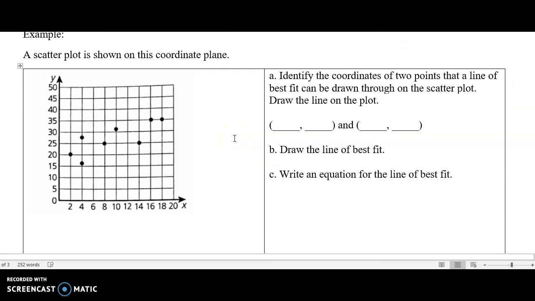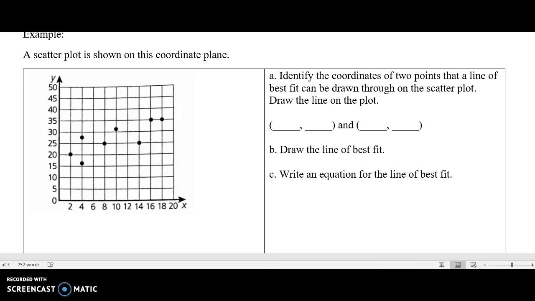Last example here. Identify the coordinates of 2 points that a line of best fit can be drawn through on the scatter plot. Okay, so where would you draw these lines of best fit? Okay, it's not necessarily wrong how you would put it, as long as you have a really good, close approximation.